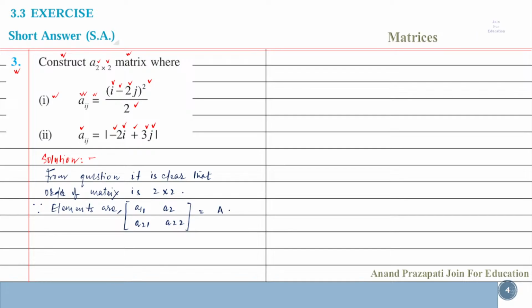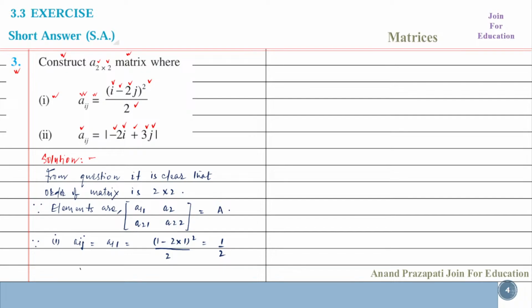So we find A11 first. A11 equals (1 minus 2 into 1) to the power 2 by 2, which is (1 minus 2) equals minus 1, squared equals 1, so 1 by 2.